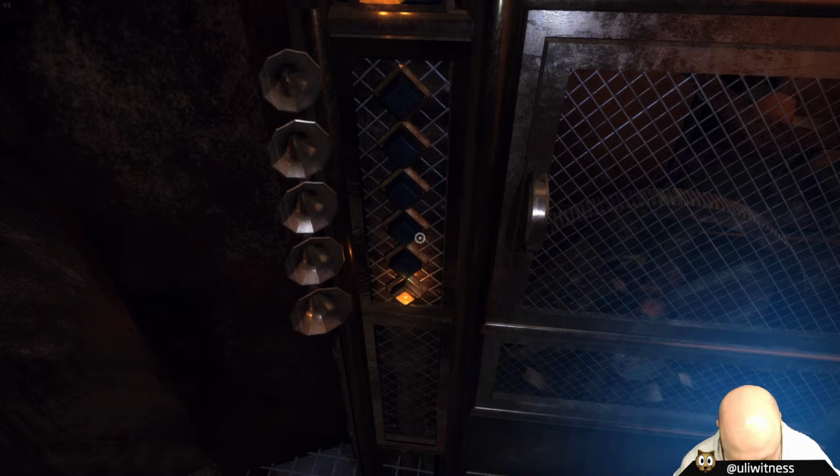Yeah, okay. 1, 2 is 2 down, 3 is in the middle, 4 is at the bottom, 5 is in the middle, 6 is at the bottom, 7 is the second one from the top, 8 is again at the bottom, 9 is the second from the bottom, 10 is the second from the bottom too, and 11 is the top.